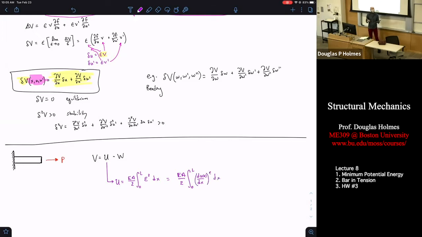And for the sake of making our notation a little bit nicer, we've already introduced the idea of using u prime to denote the first derivative. So we'll write this as EA over 2 times the integral of u prime of x squared dx.